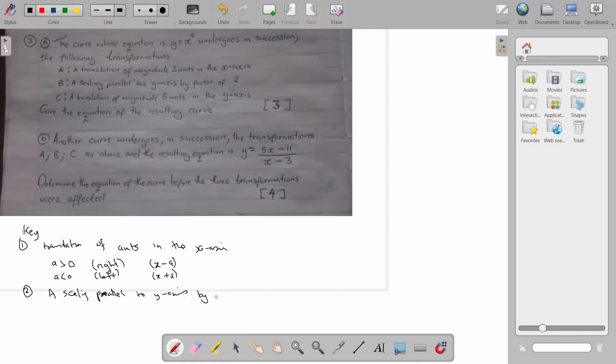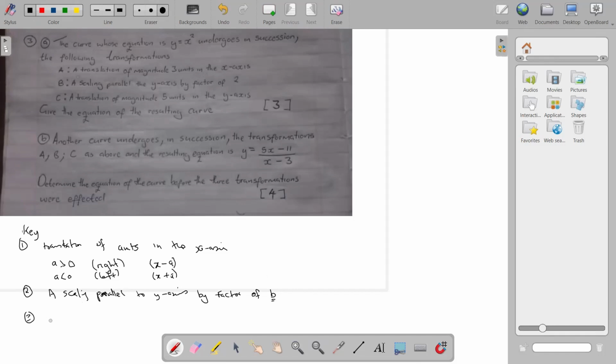So here we can just use by factor of b. What it simply means, if the scaling or if the stretch is parallel to the y-axis, or if the shrinking is parallel to the y-axis by a given scale factor, in this case which we are saying b, it therefore means that we have to multiply the entire function by the scale factor.